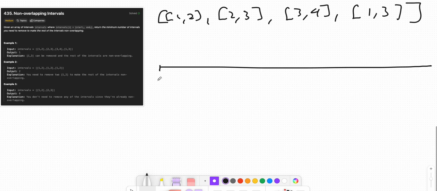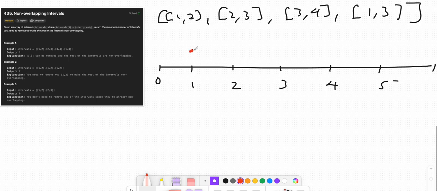So say we have 0 here, 1 2 3 4 5 6. So 1 2 3 4 5. Right, so we know this is 1 to 2.